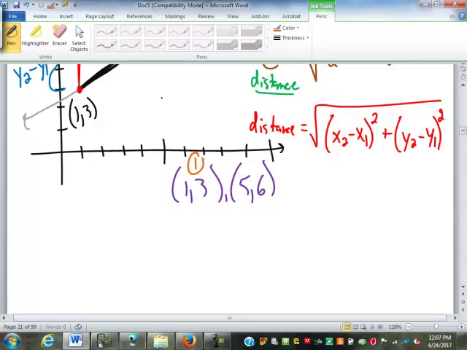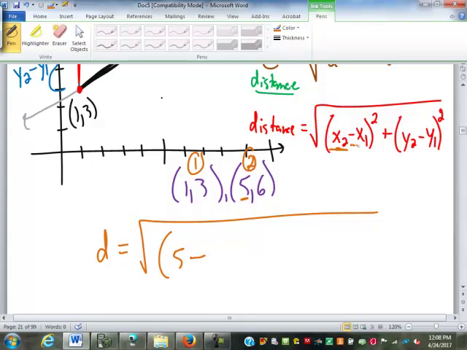And just like before, I'm going to label them points 1 and 2. So my distance is equal to the square root of x2, point 2 x coordinate, that's 5, minus x1, point 1, the x coordinate is 1, that's going to be squared, plus y2, point 2, the y coordinate is 6.